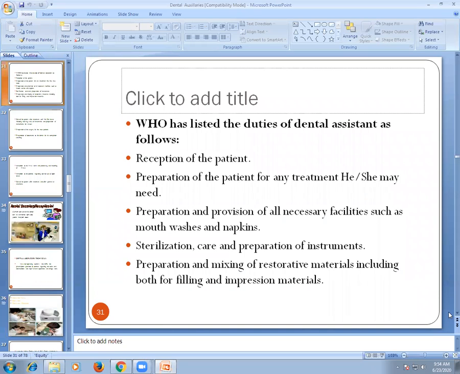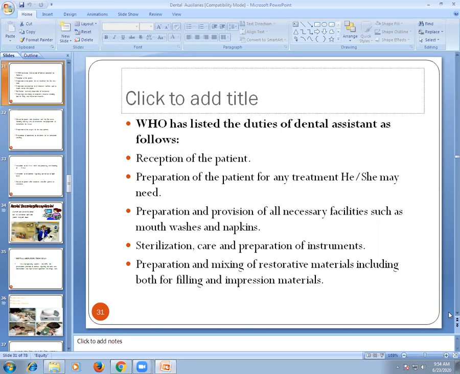The WHO has listed the duties of the dental assistant as follows. These are the duties of the dental surgery assistant. The first duty is the reception of the patient.